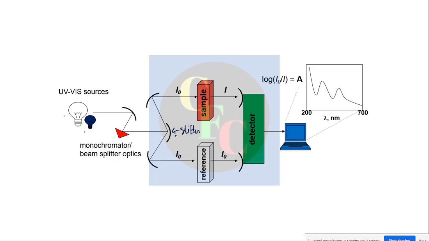Again a splitter is there which splits the incident beam into two parts. One of them is sent through the sample. Another beam of the same frequency is sent to the reference. What is this reference? Suppose you are dissolving copper sulfate in water.